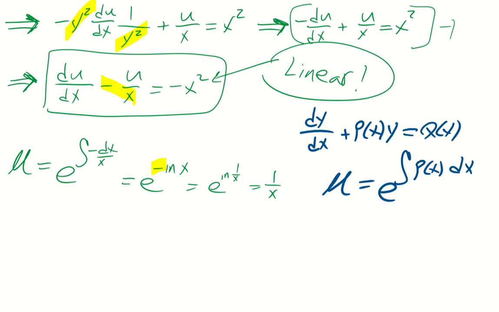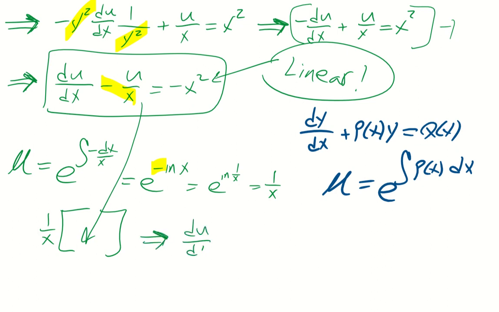Great. So let's multiply the entire equation by 1 over x. So we have 1 over x multiplied by this equation. So we have du/dx times 1 over x minus u over x squared is equal to minus x.